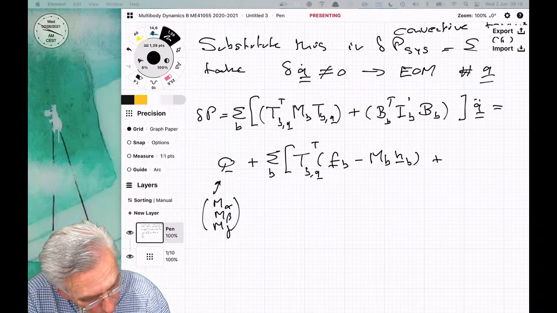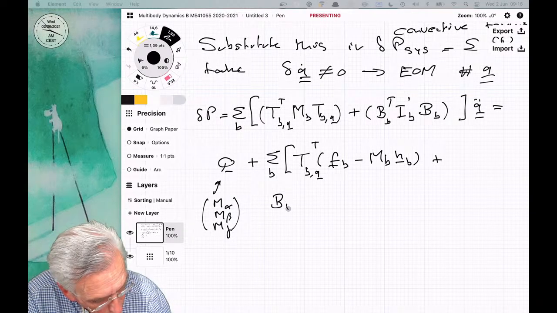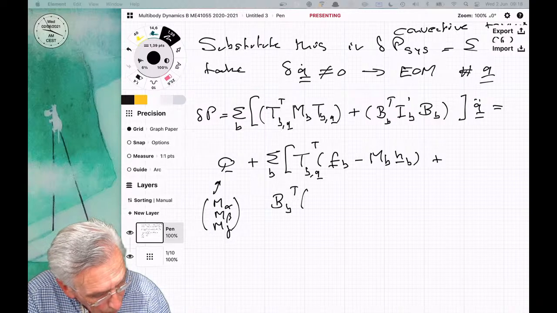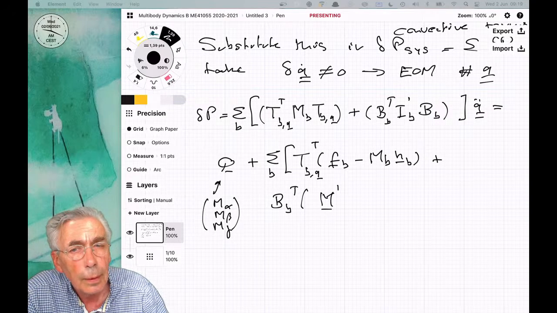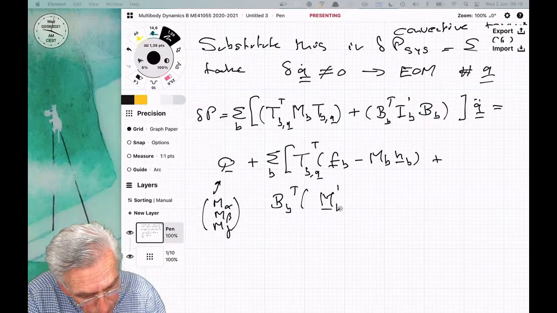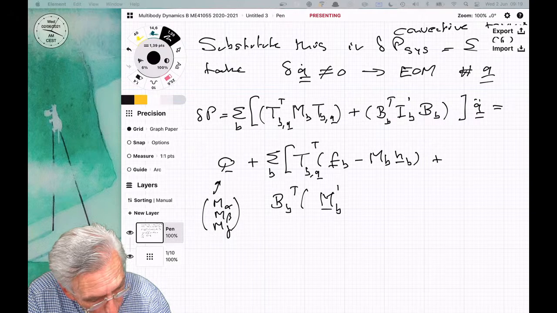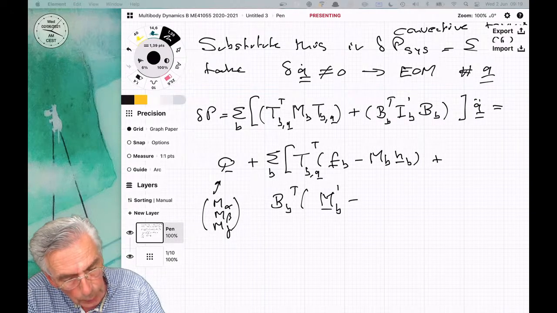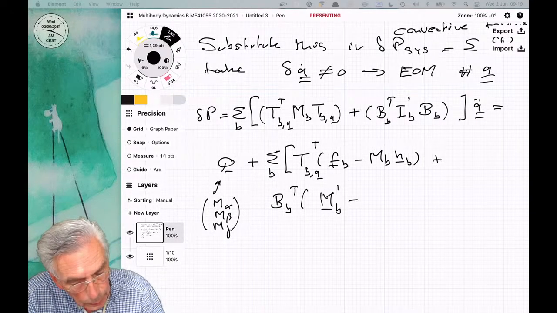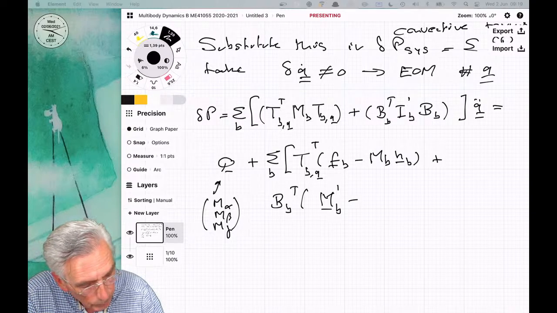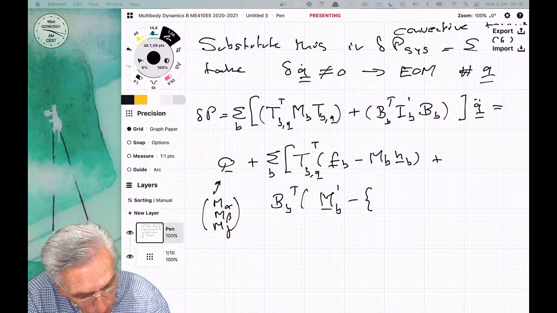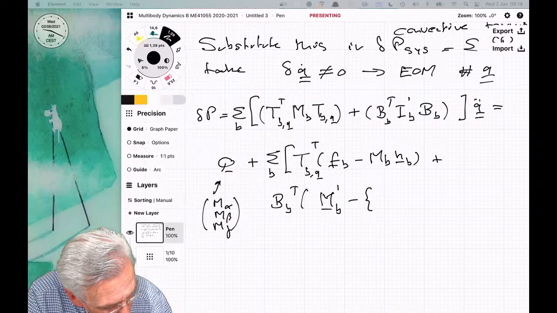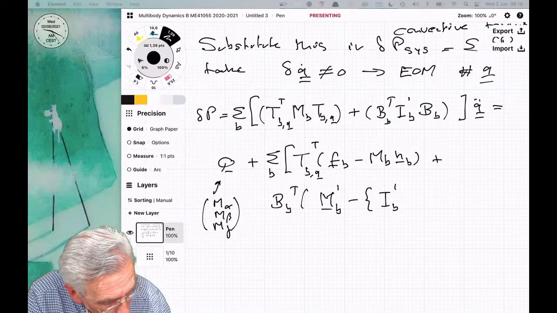It's all the same realm, so we get B transposed times the torques, and remember these are in the body oriented frame, body fixed frame, minus, and then we get inertia terms, and maybe I should do a curly bracket here, because these convective terms are convective acceleration, right?